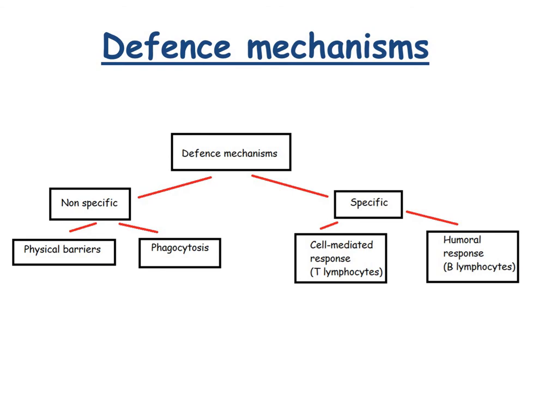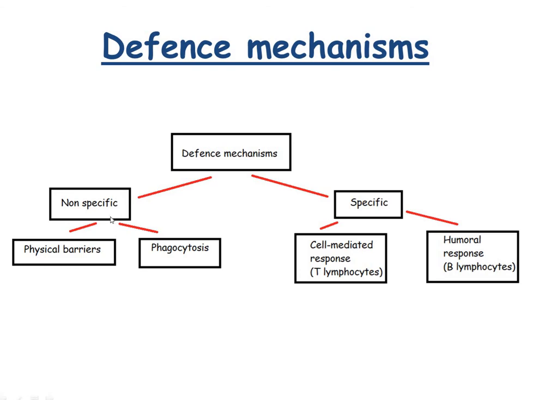So here's an overview of the immune system. So the defence mechanisms of the immune system. You've got non-specific responses, which can just happen for any pathogen. First of all, you've got the physical barriers to stop pathogens entering in the first place.